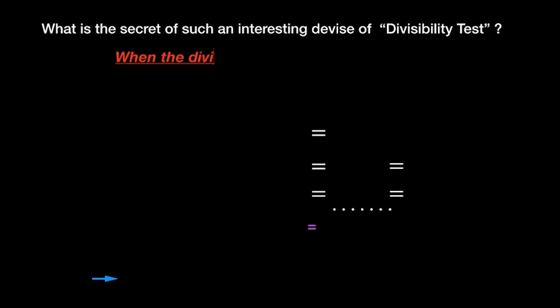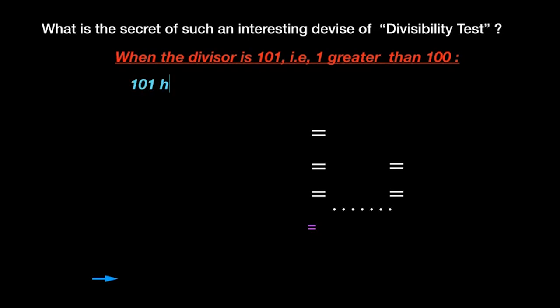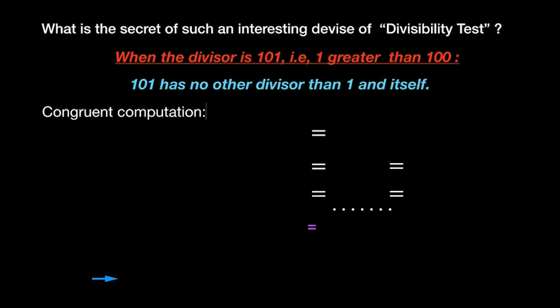And next we consider the divisor 101, that is 1 greater than 100. Suppose a number is divisible by 101, then what will happen? We can write 100 equal to minus 1 plus 101, and therefore when 100 is divided by 101, actually 100 will be the remainder, but we can write minus 1 as the remainder.